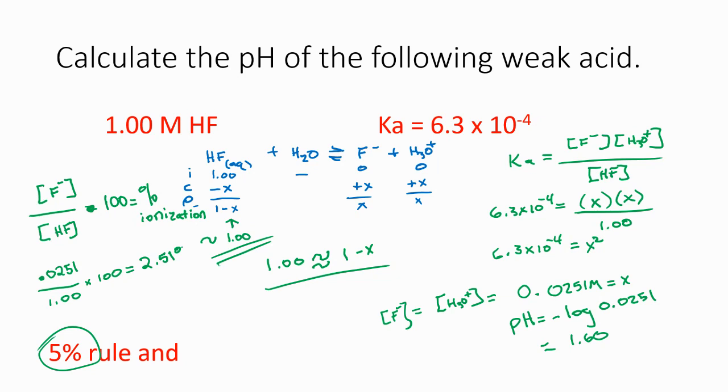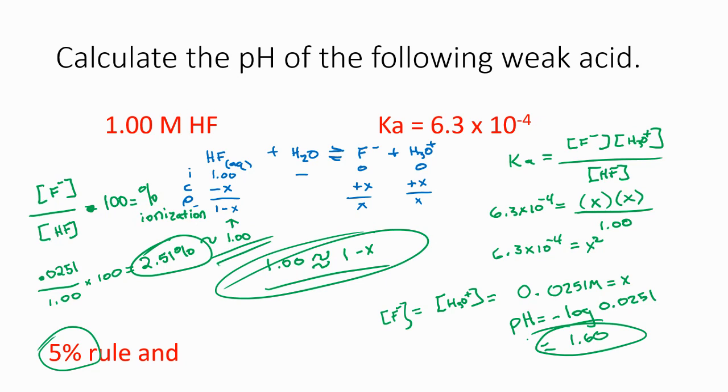This acid ionizes at 2.51%, less than the 5% rule, which means that the assumption we made at the beginning of the problem was a good one, and our pH of 1.6 is pretty accurate.